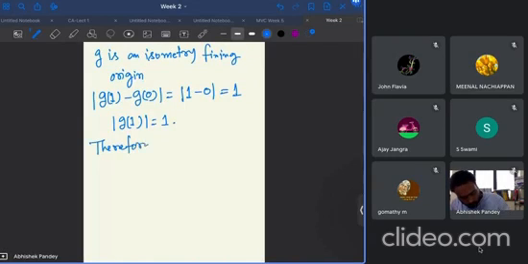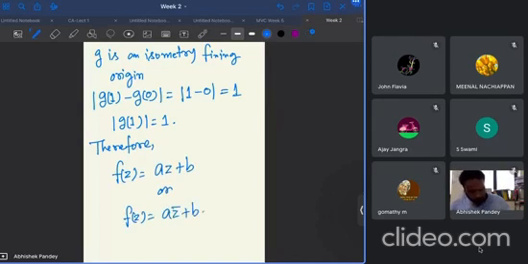Therefore fz is az plus b, or fz is equal to az bar plus b. So we have proved that every isometry will be of this form only, az plus b or az bar plus b. Is it clear?